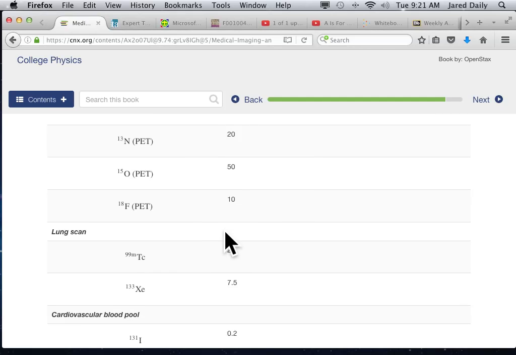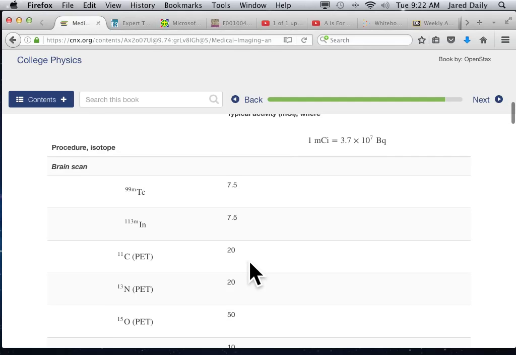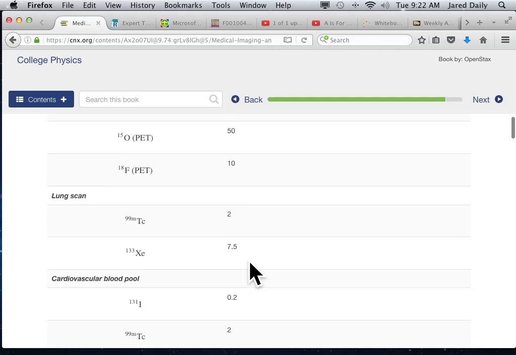Remember that curve we saw, where the activity starts off high and then dies off. So this one only has an activity of 2 for a lung scan. They don't need as much radiation coming out to make that image. And then the xenon-133 here again. Oh, they don't use it up here.